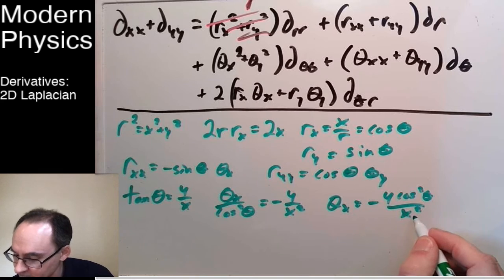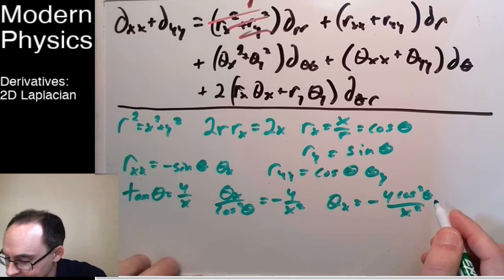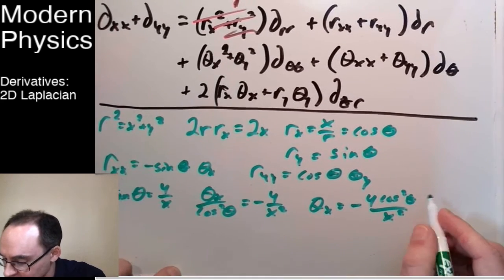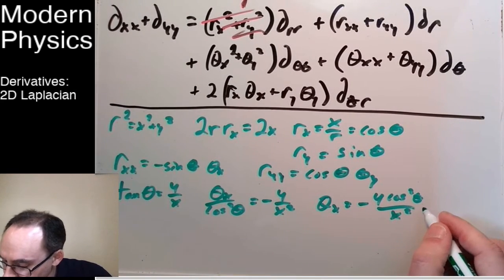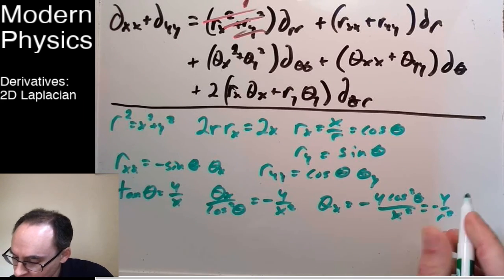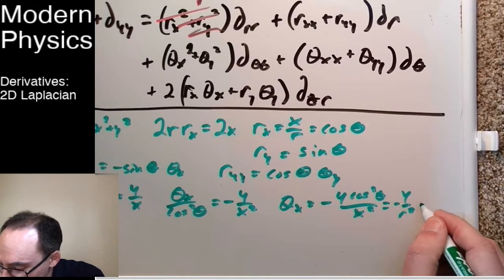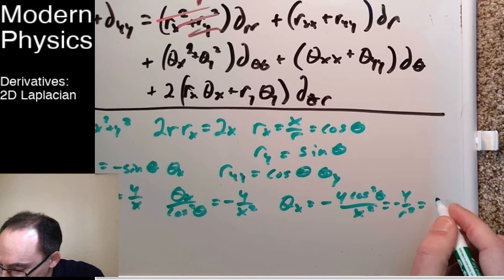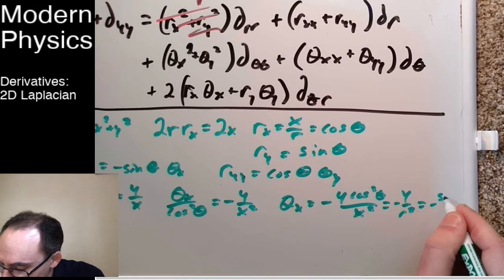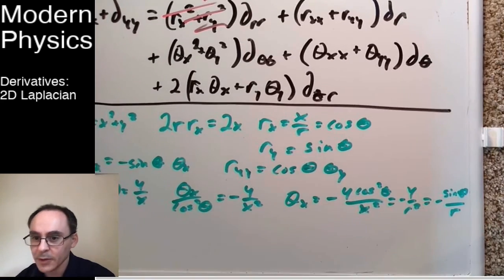So I've got an x squared in the bottom here, so that's going to be r squared cosine squared theta. So the cosine squareds are going to cancel there. I'm going to have minus y over r squared. Y, though, is also just r sine theta. So I'm going to write this as minus sine theta over r. Just barely squeezed that in there.